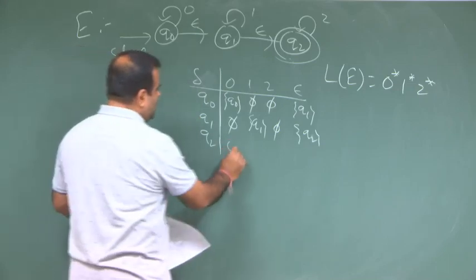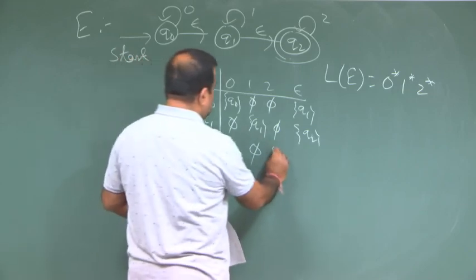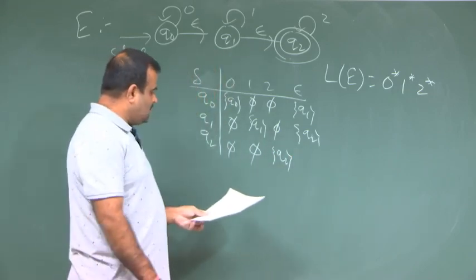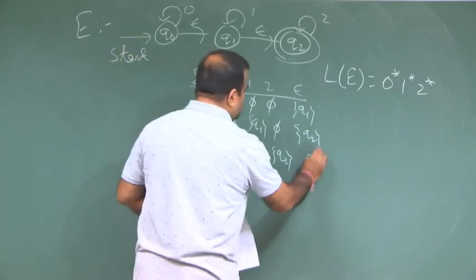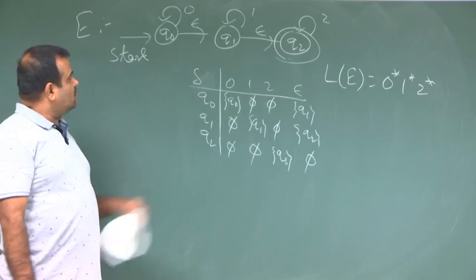And from q 2 with 2 we can go to q 2 and with epsilon there is no move.